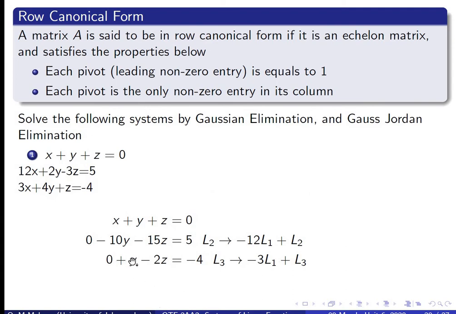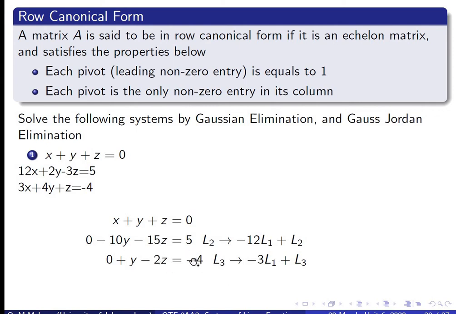So what we did here, we said 10y and -10y will be 0. -2 times 10 will be... No, we just multiplied by 10, not -10. -2 times 10 is -20, and we add -15 to get -35z.